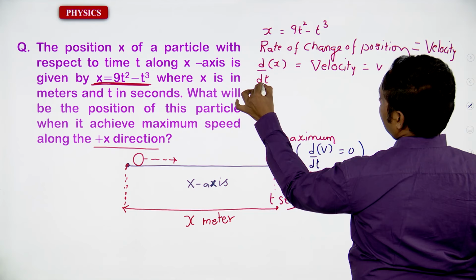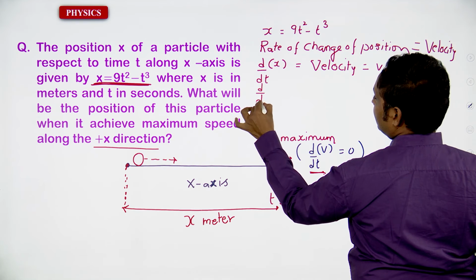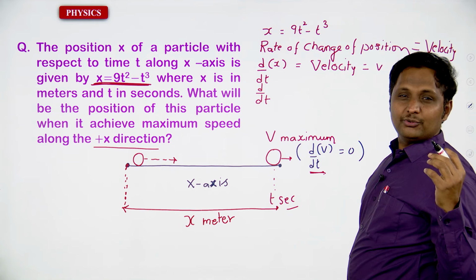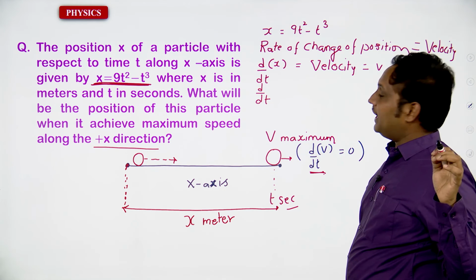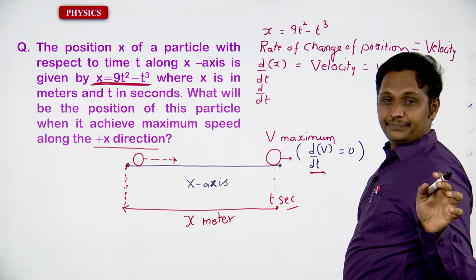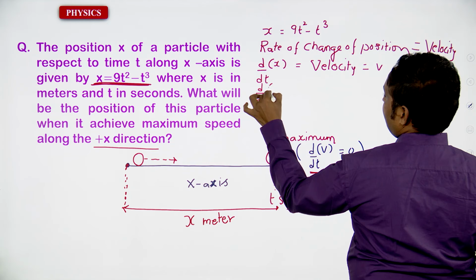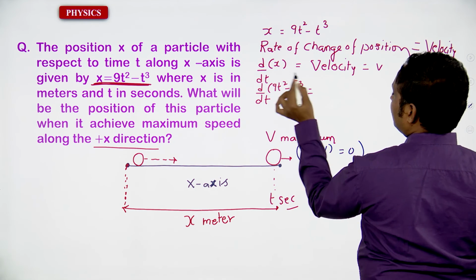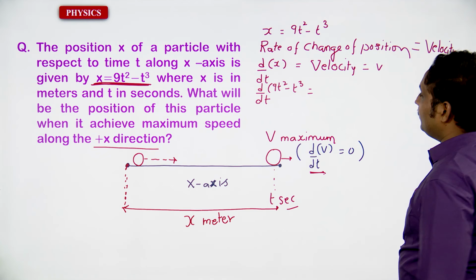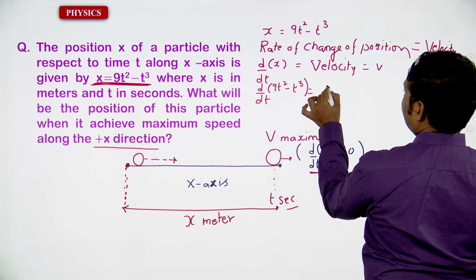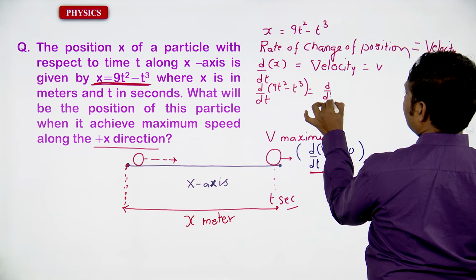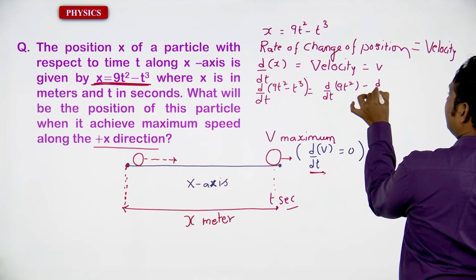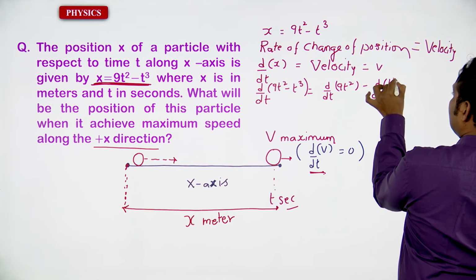It has the concept of differentiation. If one parameter changes with respect to time, we have to take that rate of change. That is d by dt of 9t square minus d by dt of t cube.